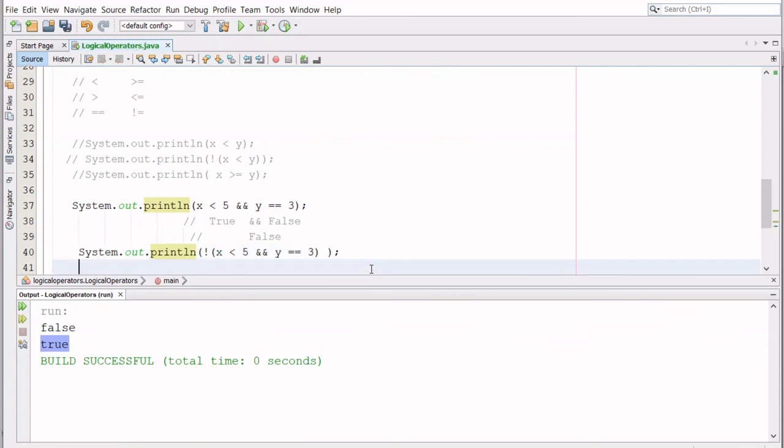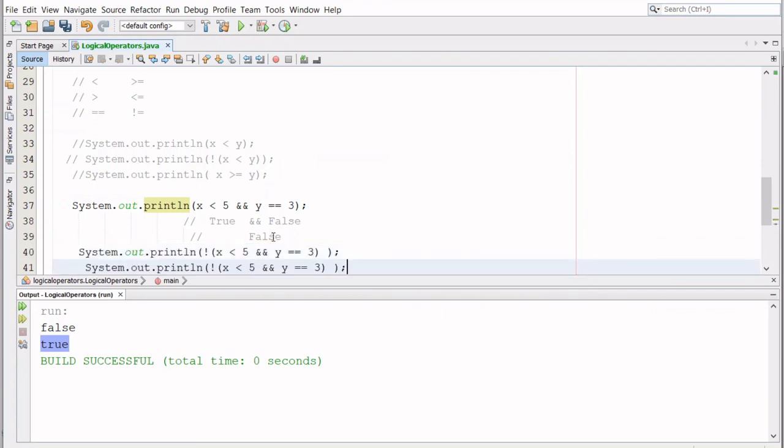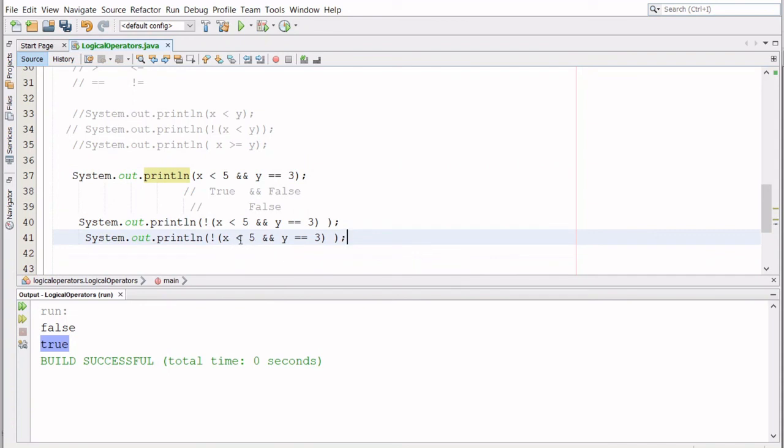Now, like I said earlier, I'm going to simplify this one with the not operator and find out if it's also going to give me a true. When negating this expression and simplifying it, we are looking at one whole expression, so we're going to do it one sub-expression at a time.